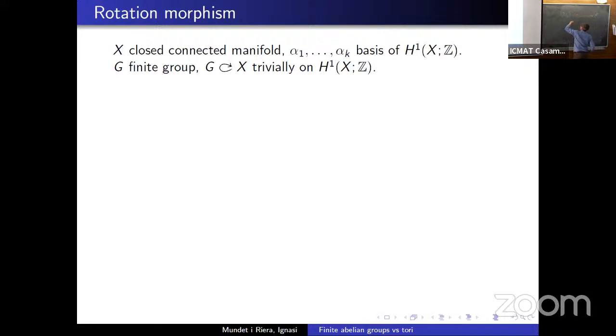So one can construct a map from this to this, making this diagram commutative. Okay, so rho is going to be a morphism from this group to this. Let me put k here.